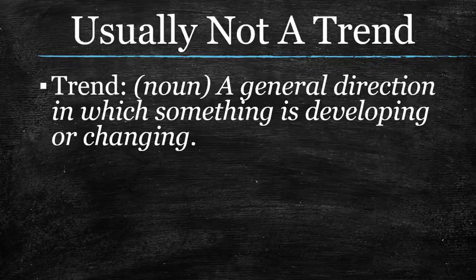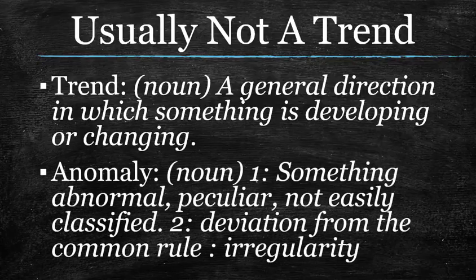You can just look at a chart. But when it comes to actual trend lines, what you are actually looking at is a statistical anomaly, which is just something out of the ordinary, a little bit peculiar, not easily classified, a deviation from what is normally going on any random chart, on any time frame, anywhere.